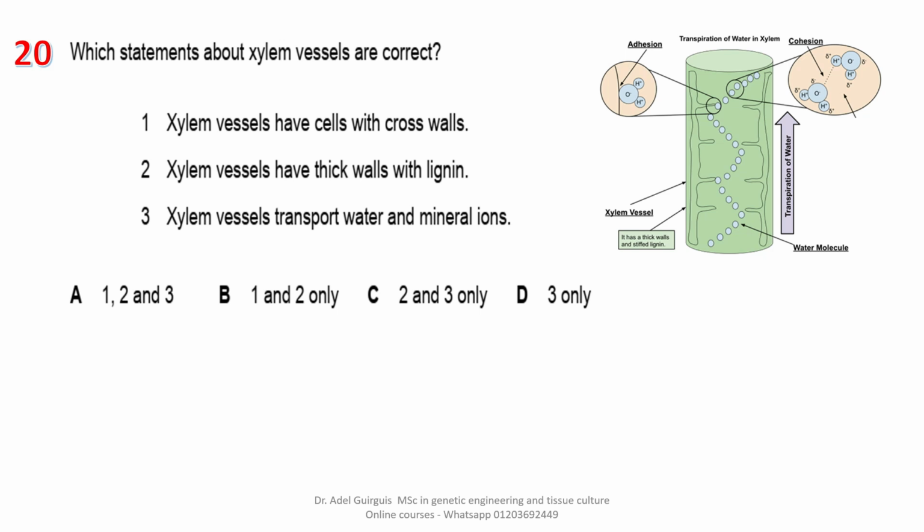What about cross walls? No cross walls. Where xylem cells are alive, they have cross walls. Now the cross walls are broken down to allow a continuous column of water to pass through. So the answer is 2 and 3 only. The answer is C.